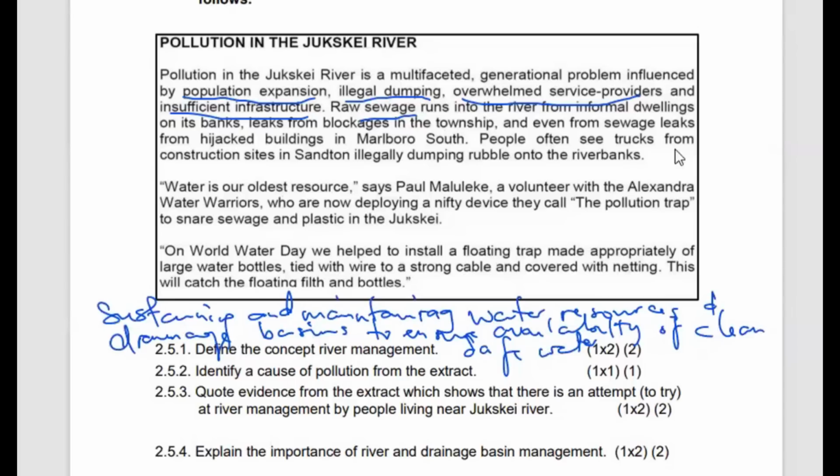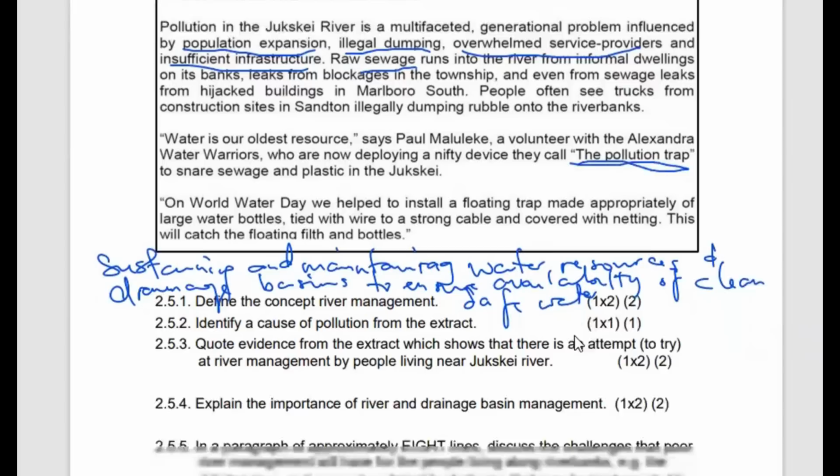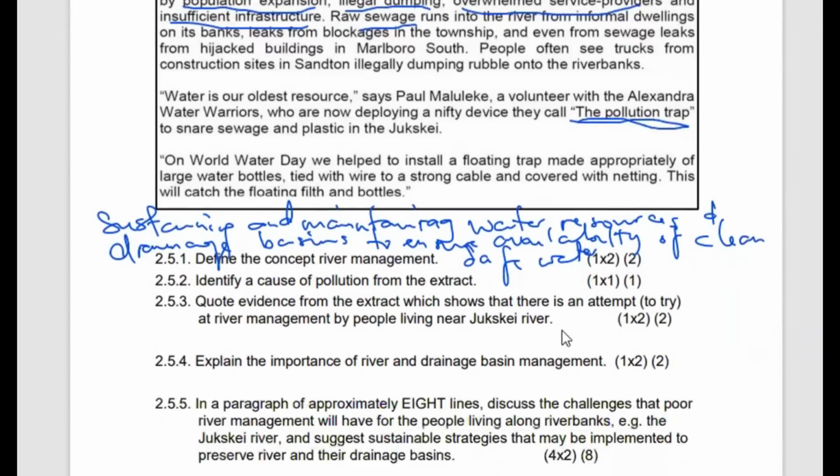People often see trucks from construction sites in Sandton illegally dumping rubble on the river banks. Water is our oldest resource, says Paul Maluleke, a volunteer with Alexandra Water Warriors, who are now deploying a nifty device they call the pollution trap to snare sewage and plastic in the Jukskei. So this one here is an attempt. That is an attempt at river management.